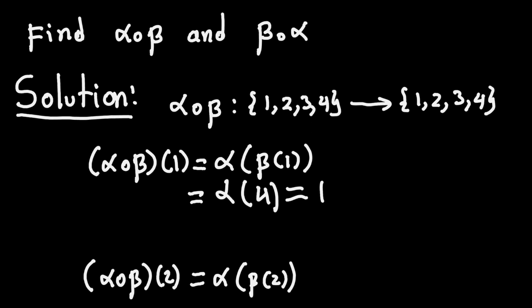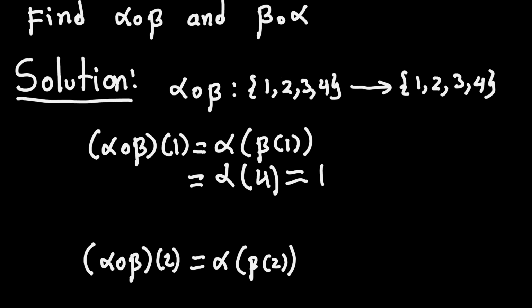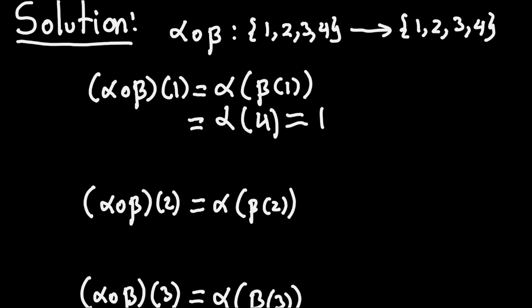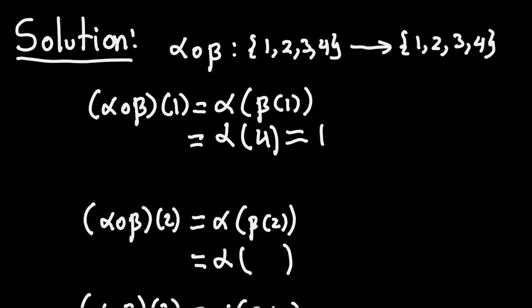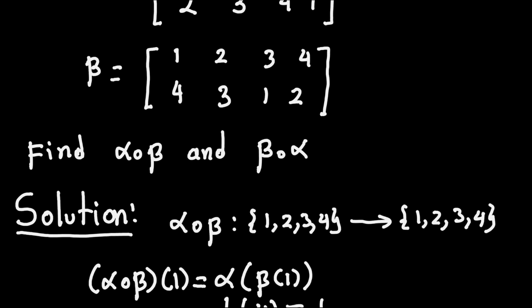The same thing you do for each one of the elements, so you have to do it for 2, 3, and 4. Let me do it for one more. So let's do it for 2. Alpha composed with beta evaluated at 2, by the definition of composition, is alpha applied to beta of 2. I have to go back to the array for beta, this one.